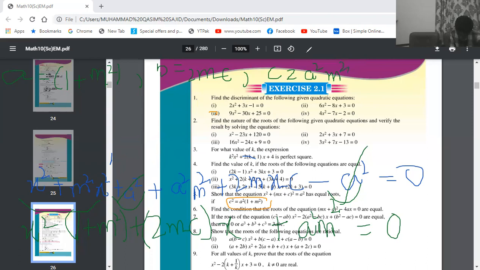So discriminant must be b square minus 4ac. So this b square equals 2mc whole square, minus 4 into the value of a, which is 1 plus m square, into the value a square m square.